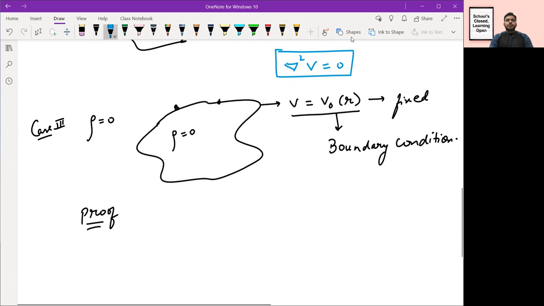So let's assume that we have two functions. We are going to prove by contradiction.